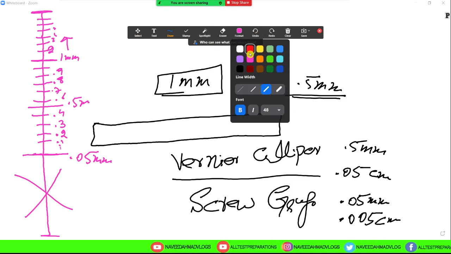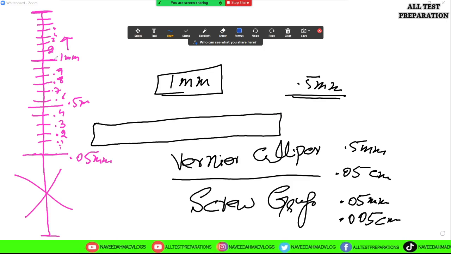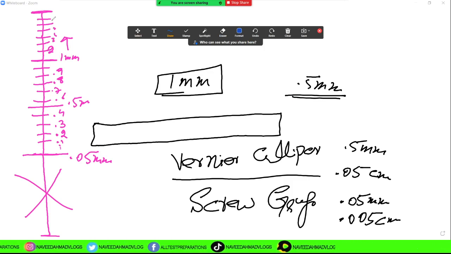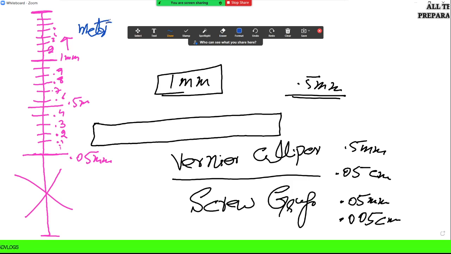Okay Alisha, here if you want to measure 1 millimeter or 2, 3, 4, 5, 6, 7, 8, 10 millimeters, 10 millimeters means 1 centimeter. In 1 centimeter we have 10 millimeters, right? For this we will use a meter rod, which you probably have in your geometry box too.